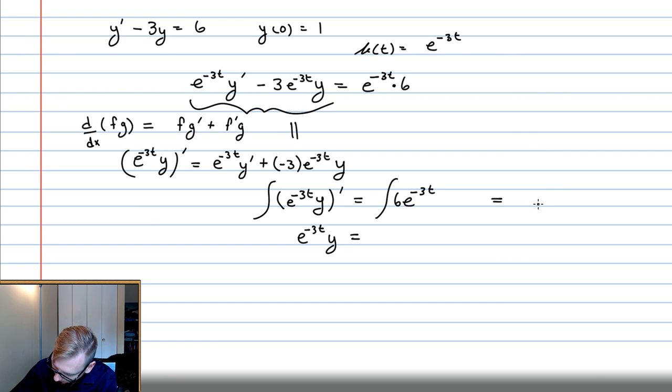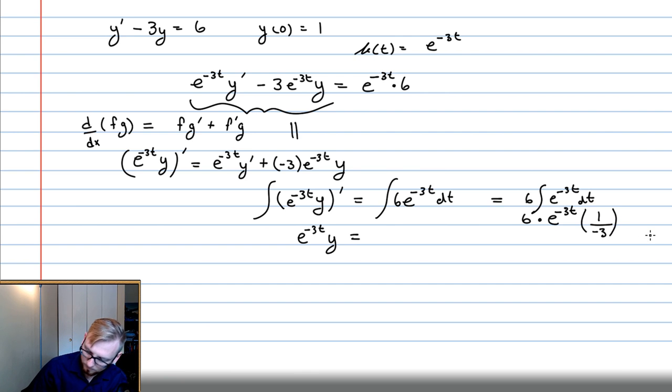We've got 6 comes outside, so e to the negative 3t, and of course we'll write dt. And we get 6 times e to the negative 3t, and then technically you divide by negative 3, but I'm going to just write it as a fraction, 3. And so the 6 and this 3 will cancel, and we get a 2.